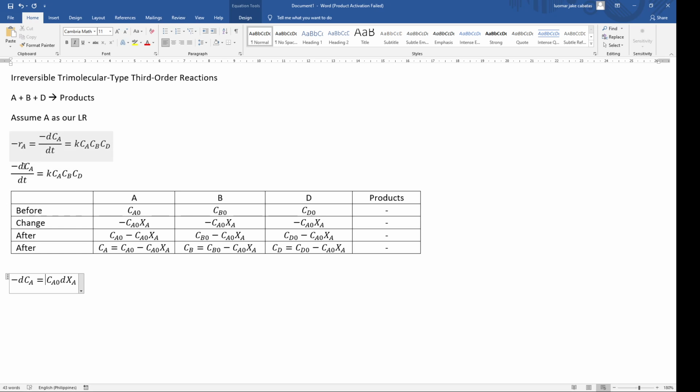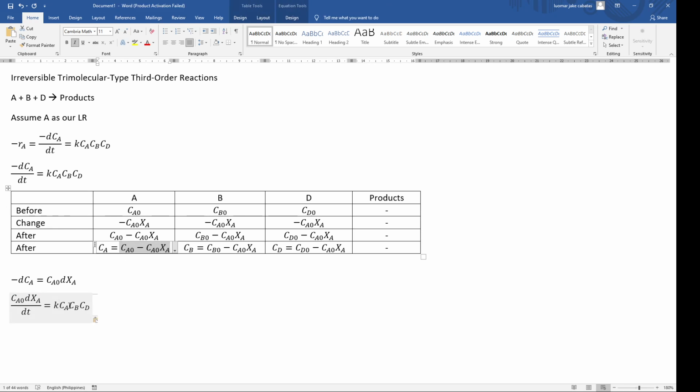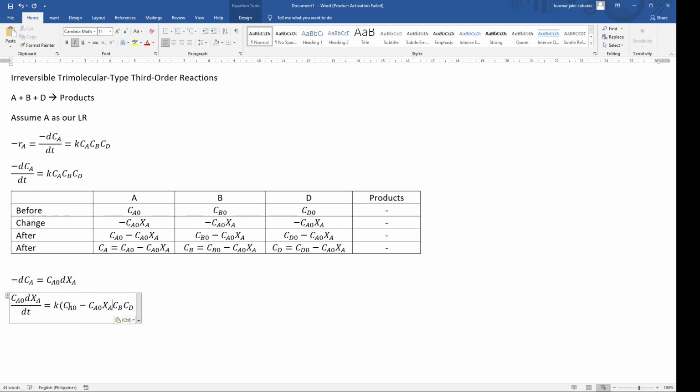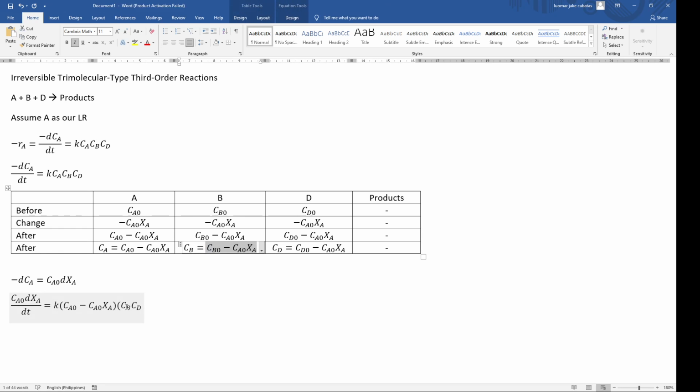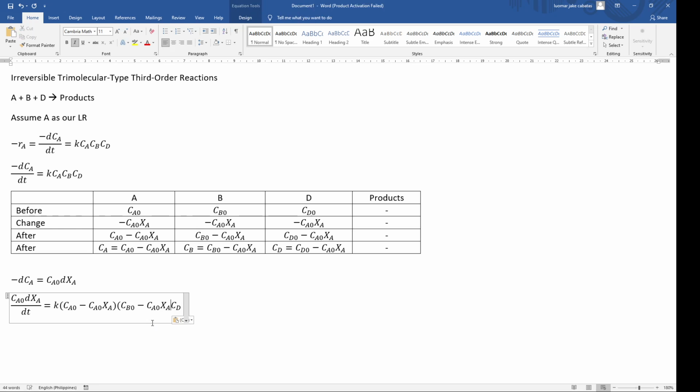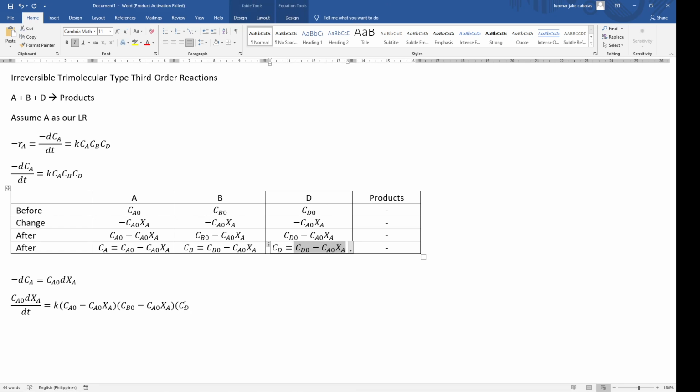Substituting it all here, for dCA we have this, CA0 dXA, and for CA we have this. For CB we have this, and for CD we have this.